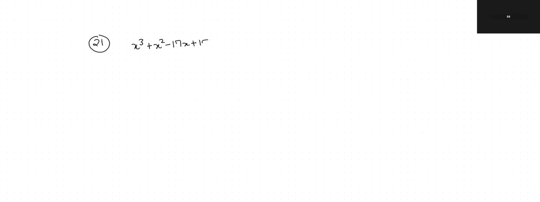Okay. So in the numerator we have 15, and in the denominator we have 1. Okay. So the possible rational roots will be plus minus 1, plus minus 3, plus minus 5, and plus minus 15.